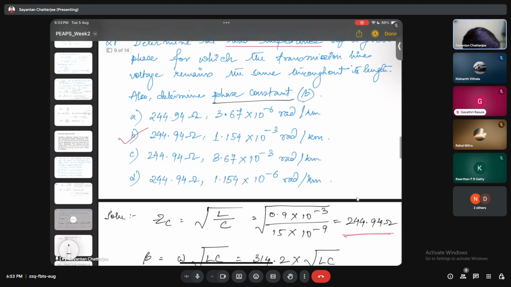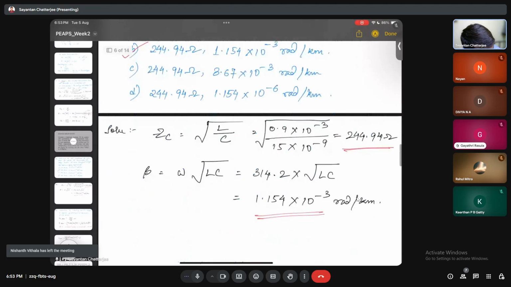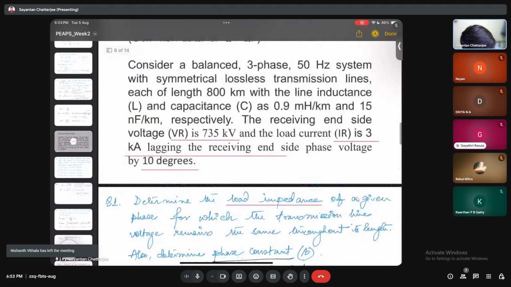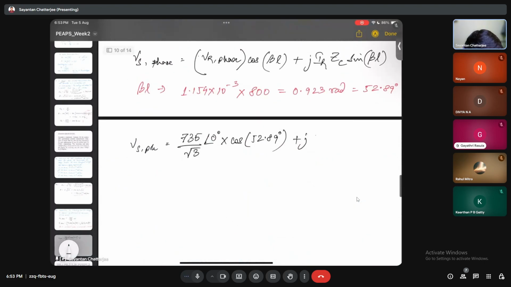IR is given as 3 kiloampere lagging and 10 degrees lagging, right? So 10 degrees lagging the phase voltage. So 3 into 10 to the power 3 divided by root 3, now angle is also there, so minus 10 degrees you will have to keep, and IR ZC.